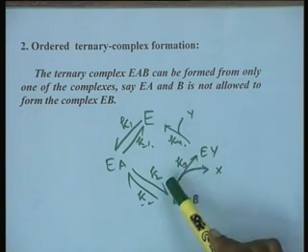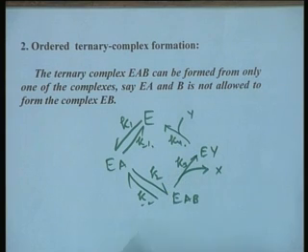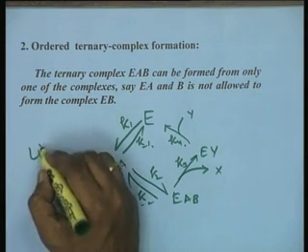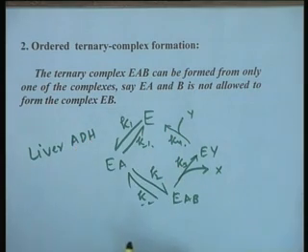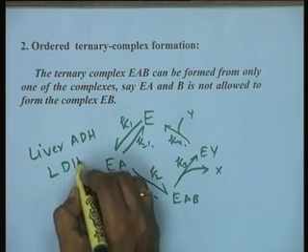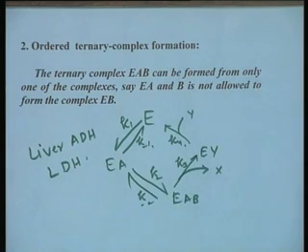The process in the other direction is not feasible. Now the ordered ternary complex formation, as I mentioned, has a typical example in liver alcohol dehydrogenase, which is obtained from mammalian systems, and lactate dehydrogenase is another example of ordered ternary complex formation. You can see that the same alcohol dehydrogenase can follow different mechanisms.